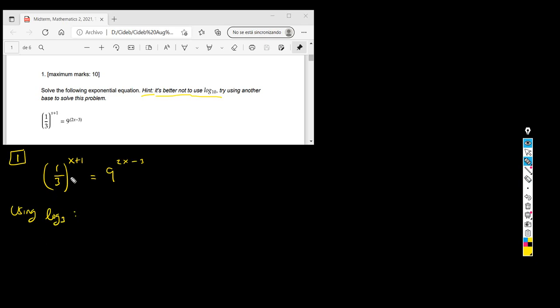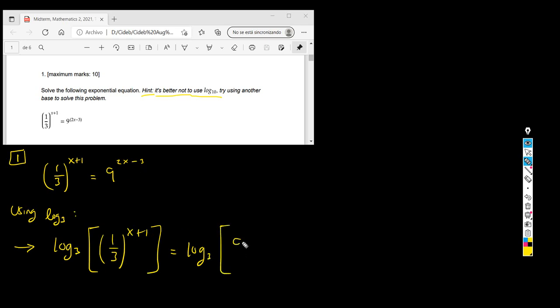So what I do is, if I have that this number is equal to all of this number, then it follows that the logarithm base 3 of all of this number must be equal to the logarithm base 3 of all of this number on the right, like so.